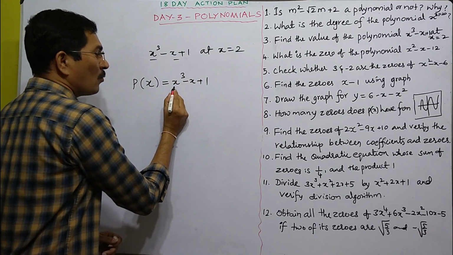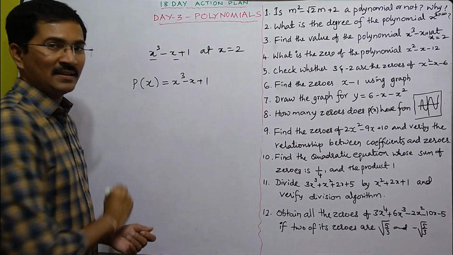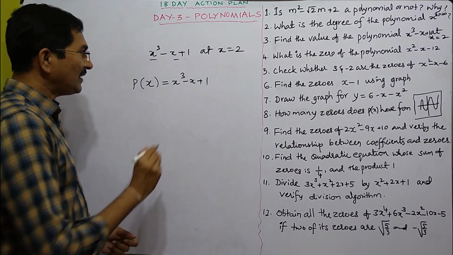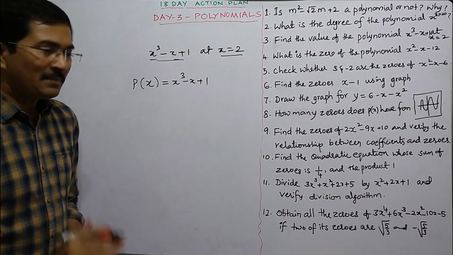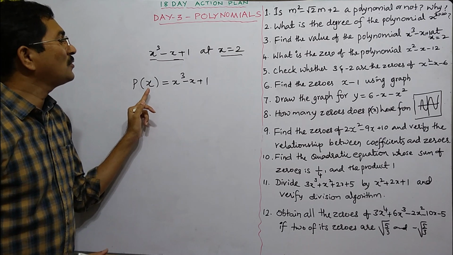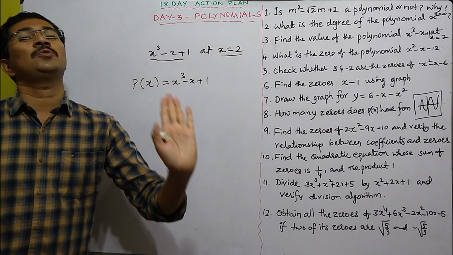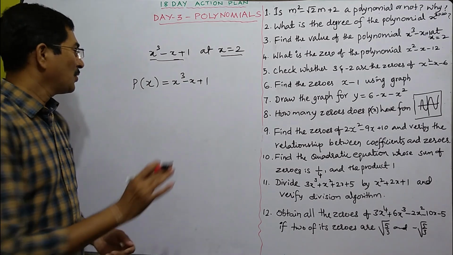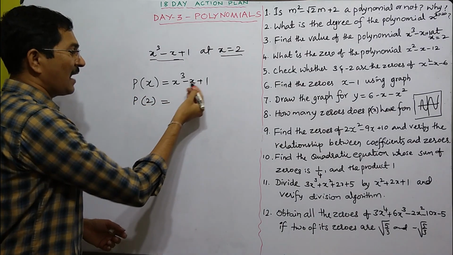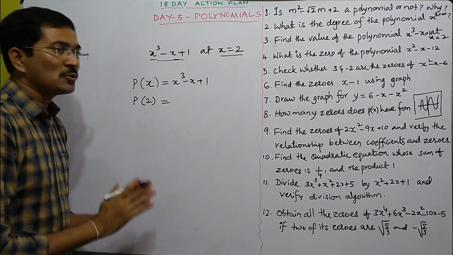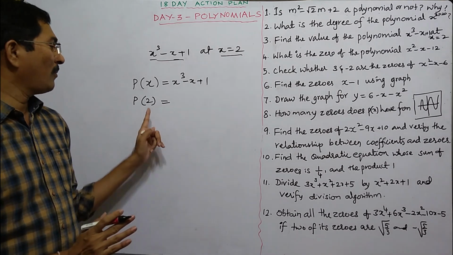If it had been y here, we would say p of y. Now, he is asking us to find the value of this at x is equal to 2. That means instead of x, you put 2 and find what value you get. So p of 2 is also called the value of the polynomial at 2.